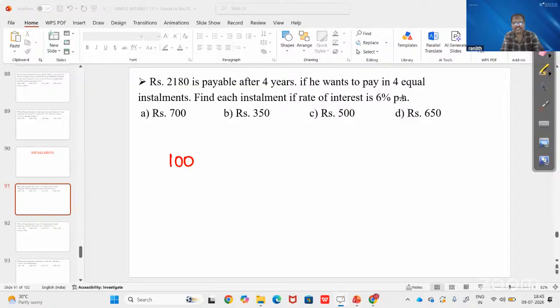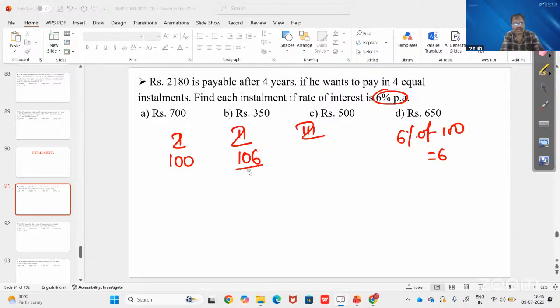Next year onwards, the interest increases. In the second year, what is 6% of 100? It will be 6. This is the first year, and this is the second year. And the third year, already in the second year we are paying 106, and the third year it will be in increasing mode only.